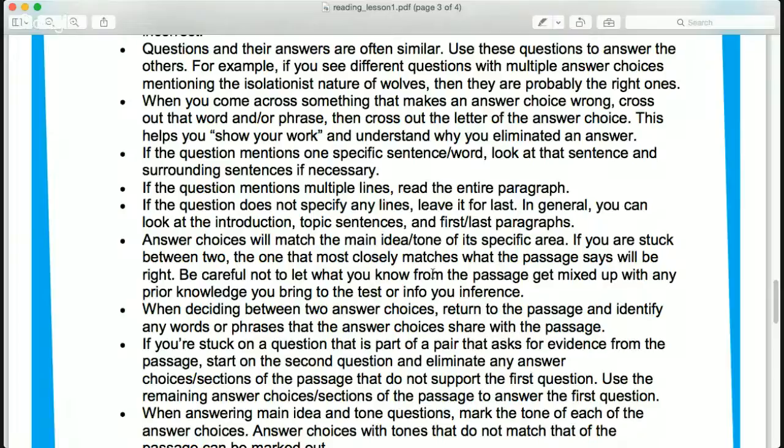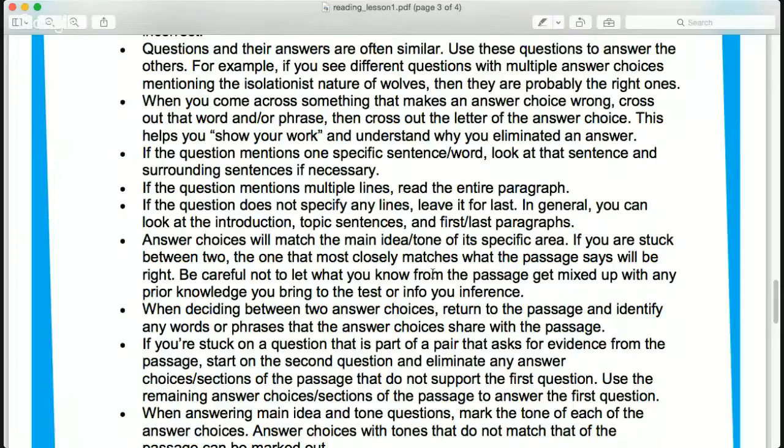When deciding between two answer choices, return to the passage and identify any words or phrases that the answer choices share with the passage. If you're stuck on a question that is part of a pair that asks for evidence from the passage, start on the second question and eliminate any answer choices' sections of the passage that do not support the first question. Use the remaining sections of the passage to answer the first question.